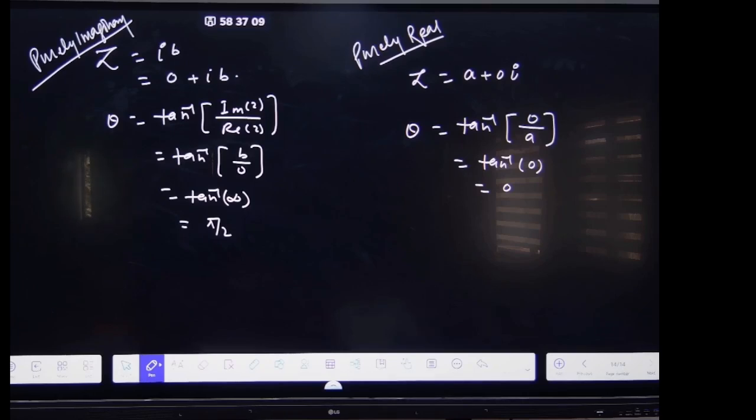Are you marking or not? Should I repeat? 8, 9, 10, 12, 15, 16, 18, 19. Done. This much you do.